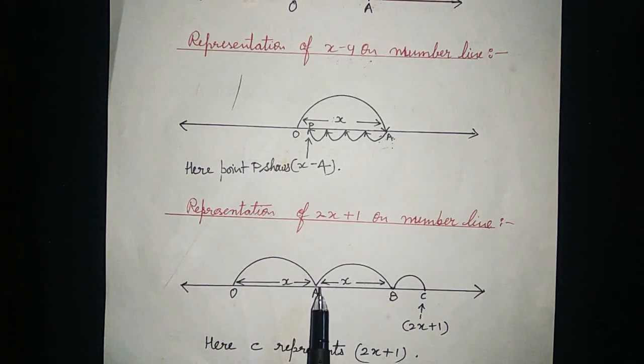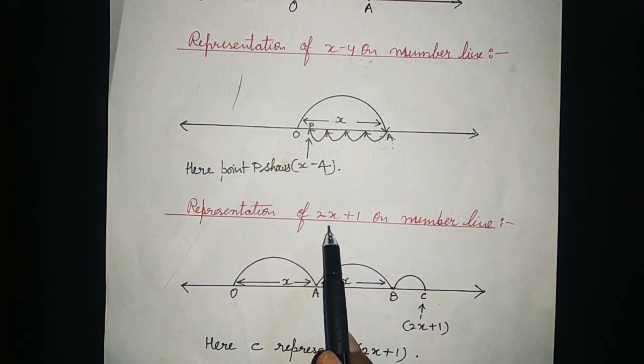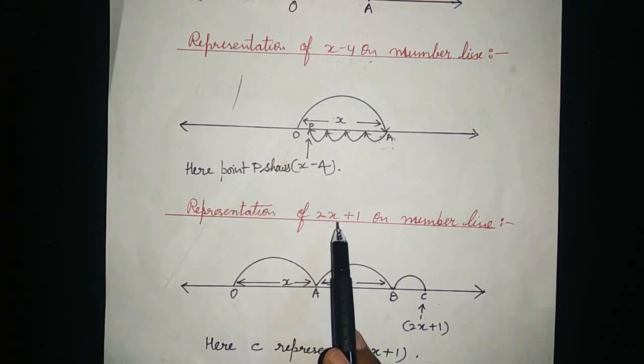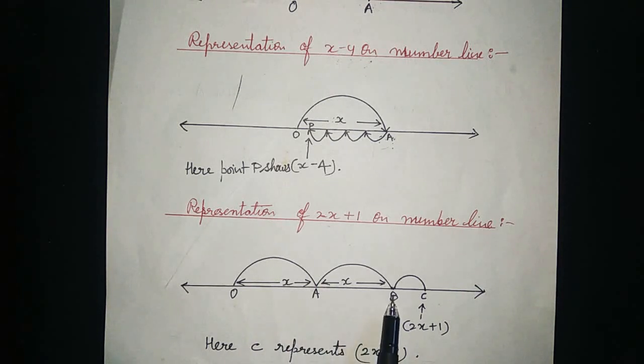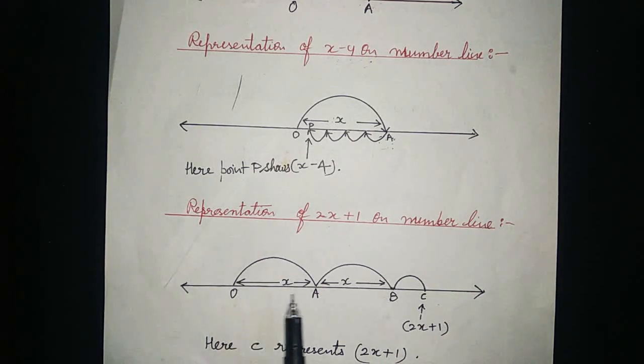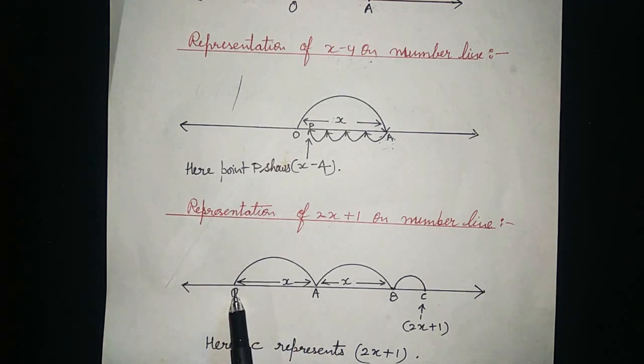The first term of the given expression is 2x. So the position of 2x will be the point B. Here you see the figure also. So the distance of B from the origin will be 2 times of the distance of x from the origin.